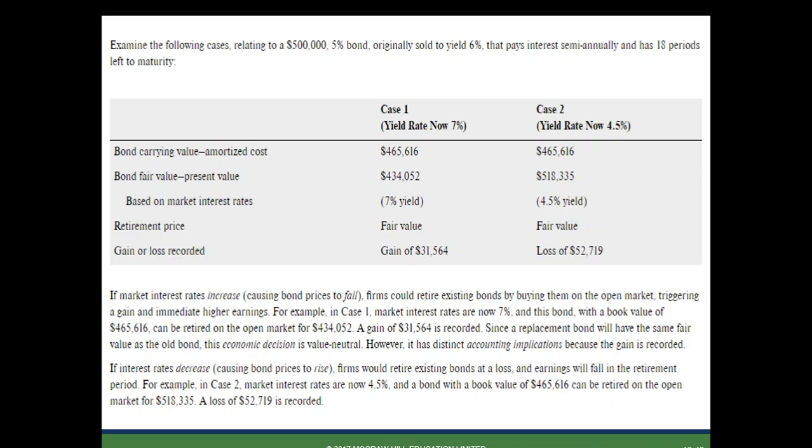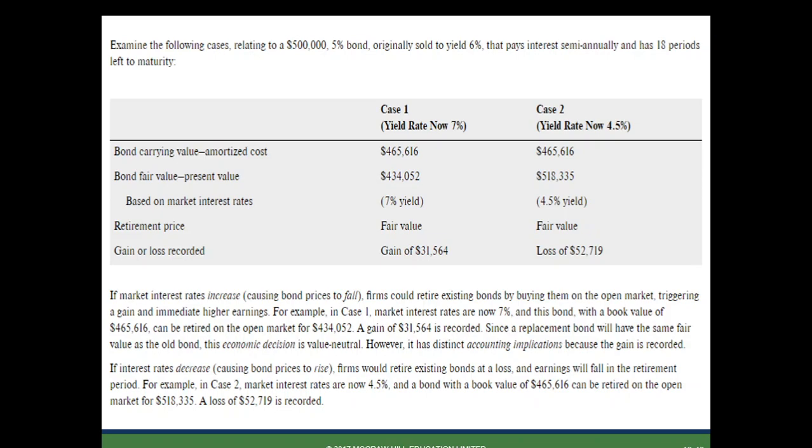This results in a gain of $31,564. Since a replacement bond will have the same fair value as the old bond, this is an economic decision that is value neutral. However, it has a distinct accounting implication because of the gain that is recorded.